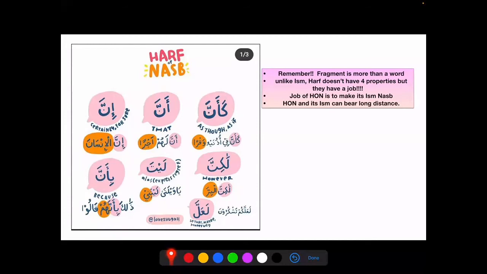So anna lahum. So lahum cannot be the victim of anna, right? Why not? Why can lahum not be the ism of anna, or victim of anna? Anyone can tell me? Sarish, any idea?